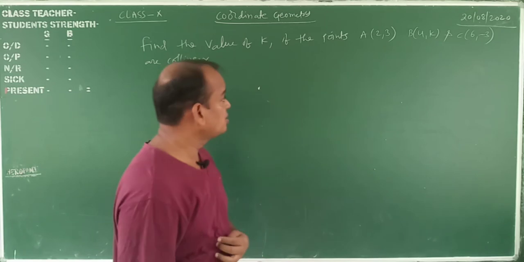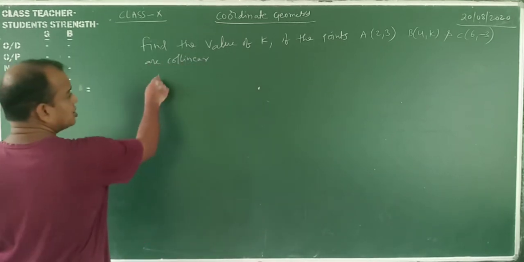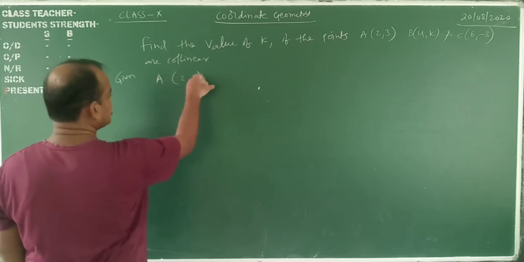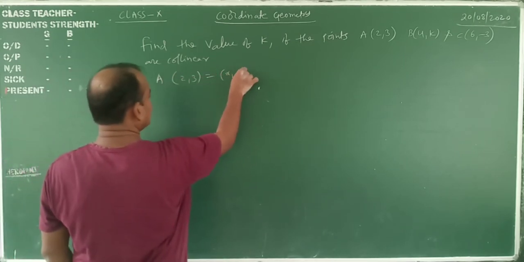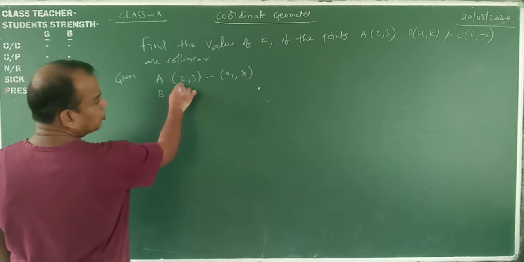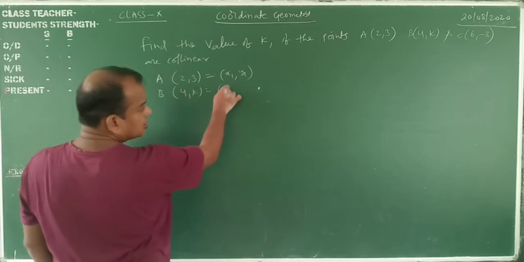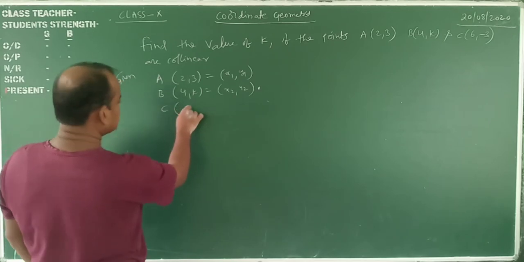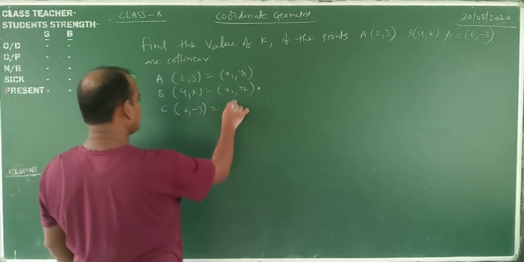Okay, my dear students, now what are the given points? A is given as 2 comma 3, this is x1 y1. B is 4 comma k, that is x2 y2. C is 6 comma minus 3, that is x3 y3.